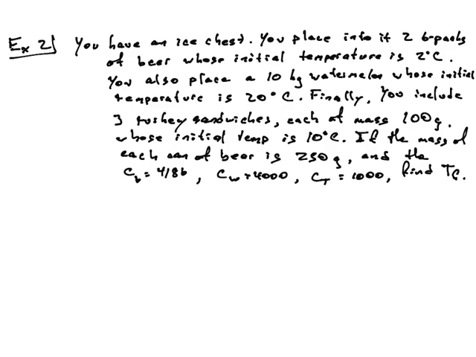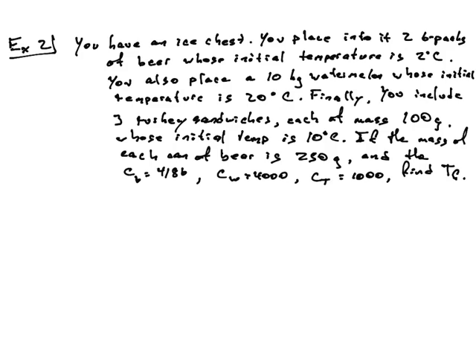So hopefully the beer will cool everything off. Unfortunately, there's a warm watermelon in there which will heat things up. And I want to know, what will the temperature be? Maybe because I want to figure out, should I include an ice pack in there to try to make sure everything's cold? Or will it be cold enough without an ice pack? Just as a predictor.